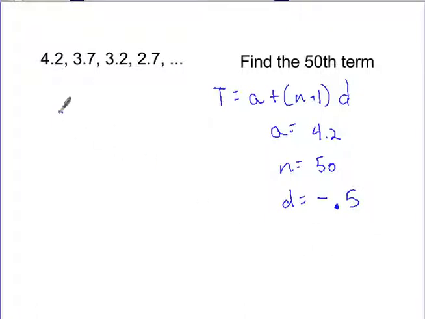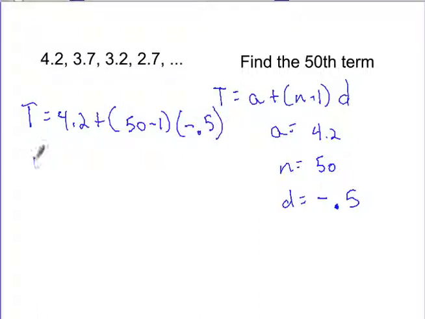All right. T equals 4.2 plus 50 minus 1 times negative 0.5. 50 is the nth term.